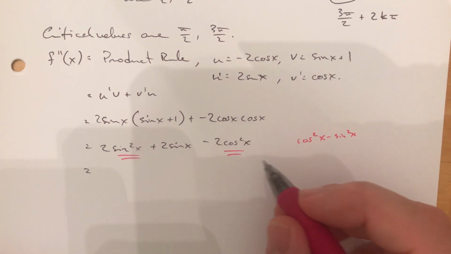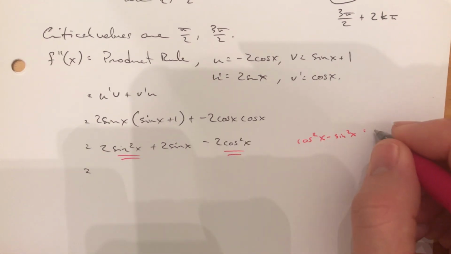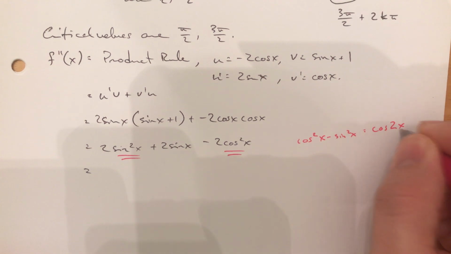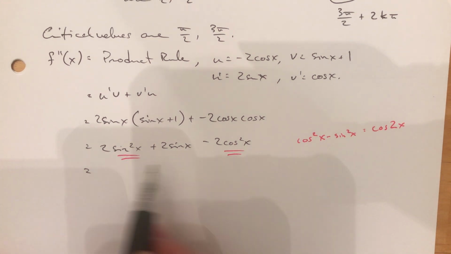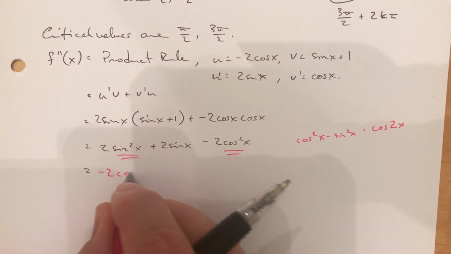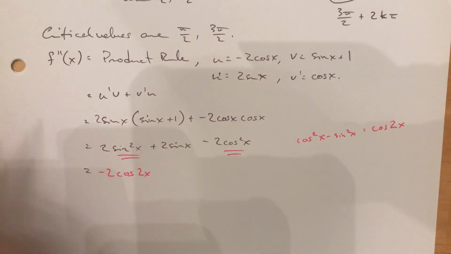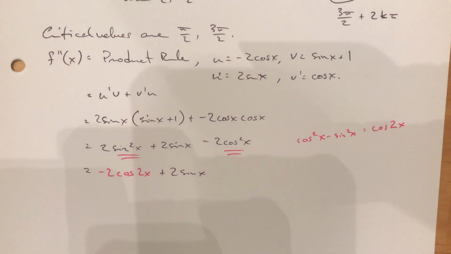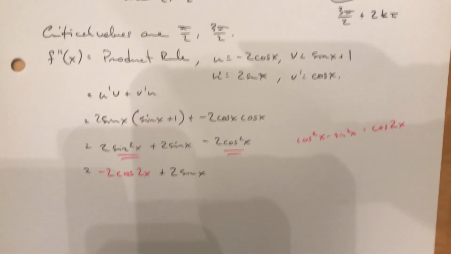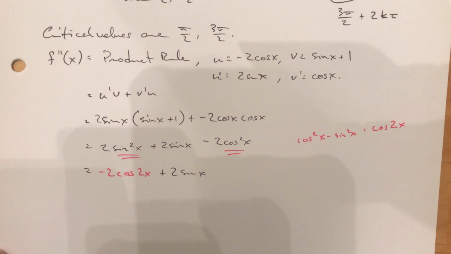We've got a factor of 2, and we've got a minus sign, is cosine of 2x. And we can replace that 2 sine squared x minus 2 cosine squared x with negative 2 cosine of 2x. Okay. Do you have to go through that pink stuff? No. But it will make evaluating the second derivative just a little bit easier to do.